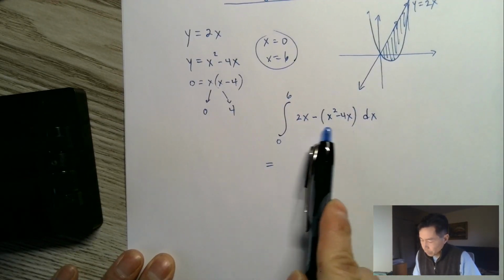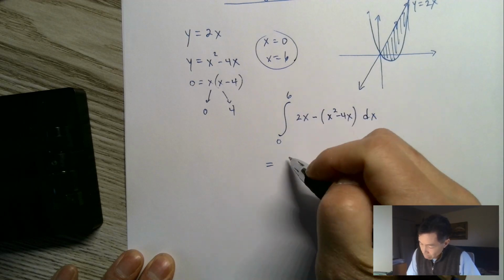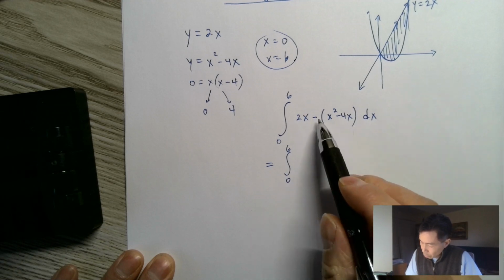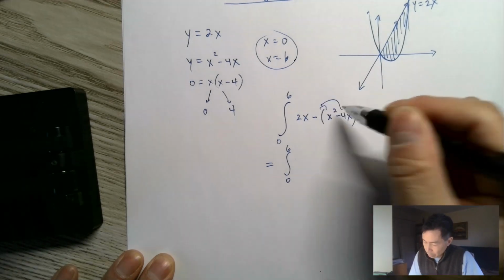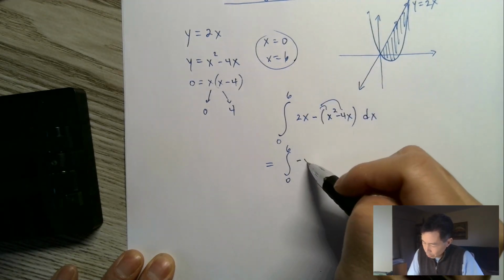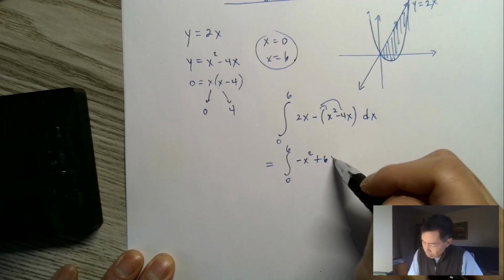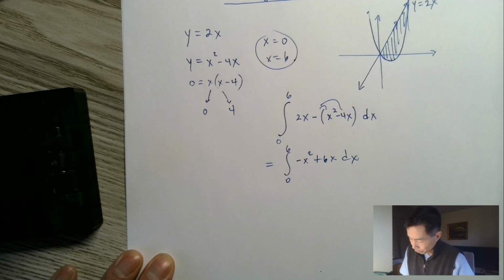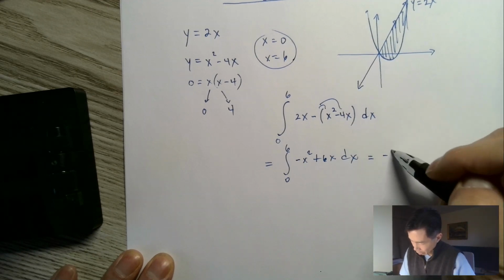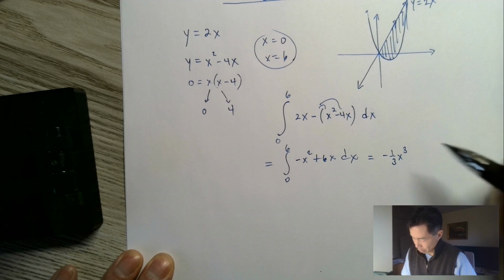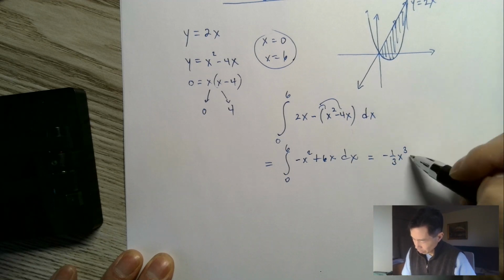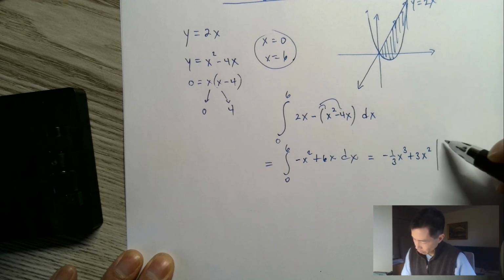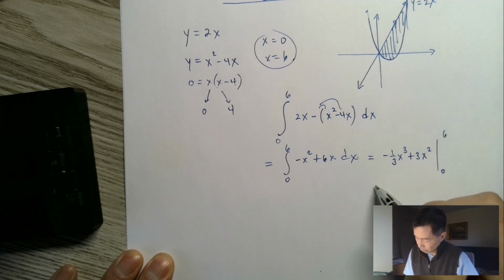But I need to simplify this function first to make finding the antiderivative a little easier. So distributing the negative, that'll be negative x squared plus 6x dx. Okay, now I can find the antiderivative. Negative 1/3 x cubed plus 3x squared from 0 to 6.